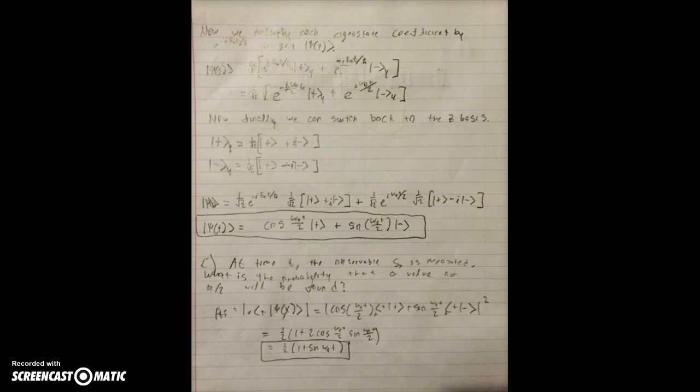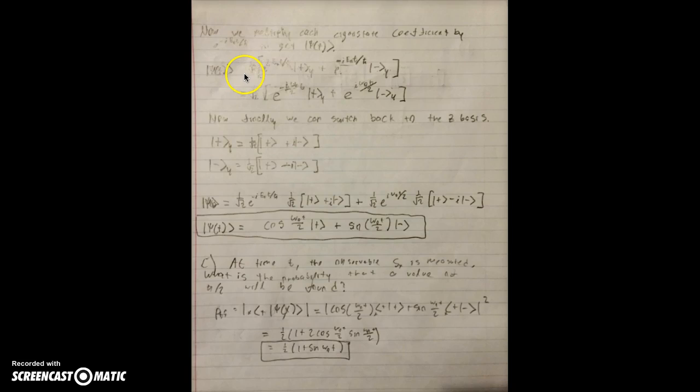Now we multiply each eigenstate coefficient by e raised to negative i E_n t over h bar to get our wave function at time t, or quantum state at time t.